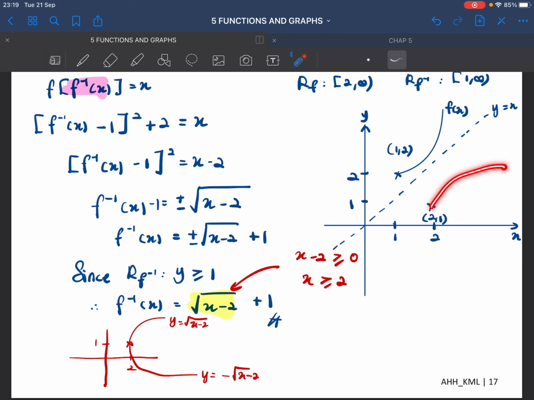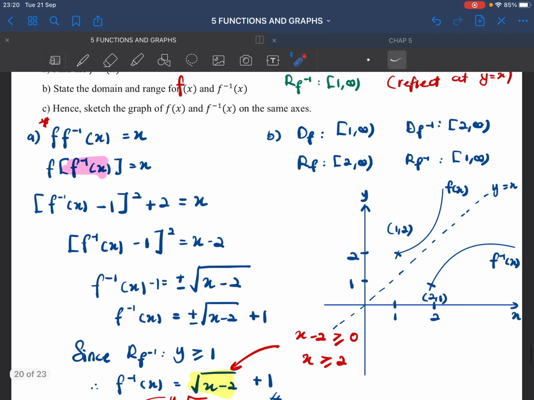So dia akan naik macam ni. Okay, lari sikit lah, tapi boleh lah. So this is your f inverse. Okay, so as you can see here, kalau kita lipatlah kertas ni dekat garisan ni, dia akan reflect. Kat sini macam tak nampak sangat kan, tapi kamu lukislah cantik-cantik. Okay, so that is how we sketch our fx and f inverse on the same axis.